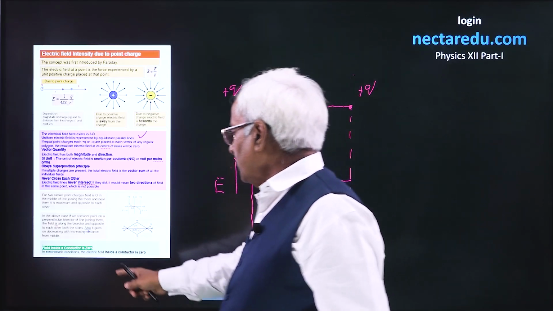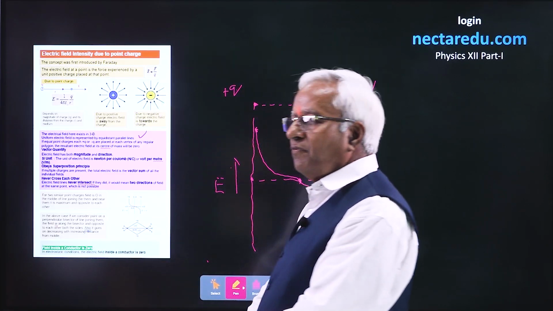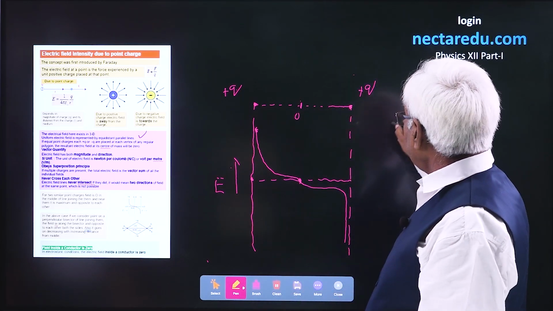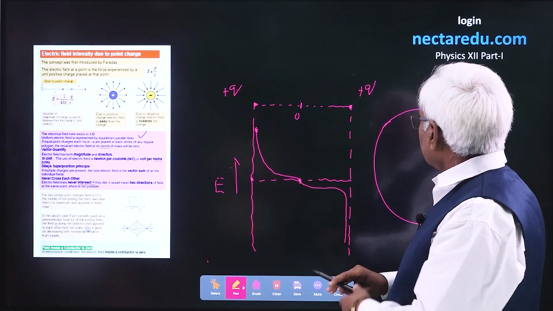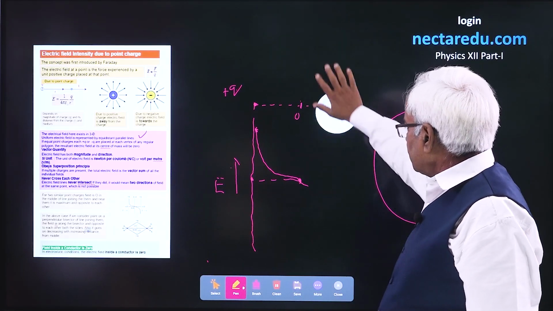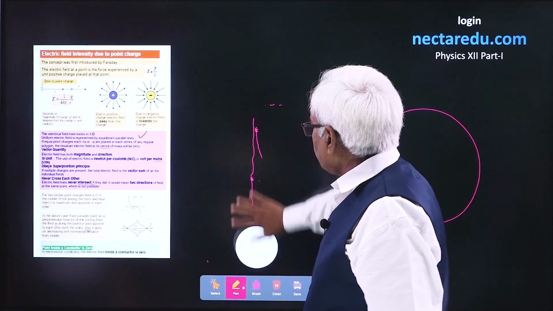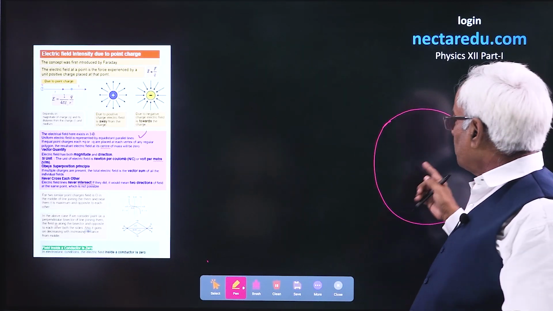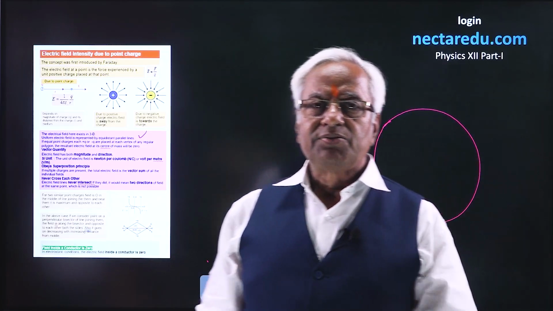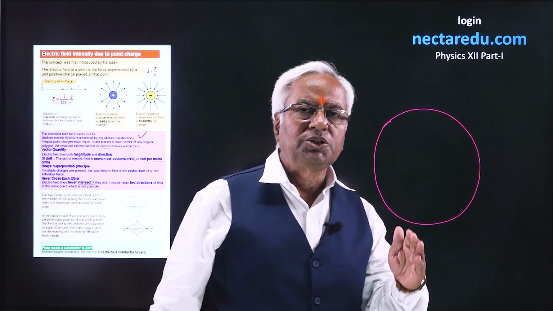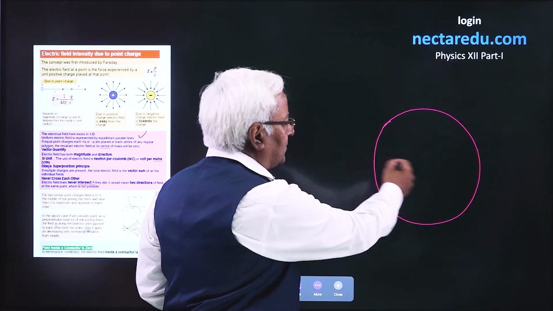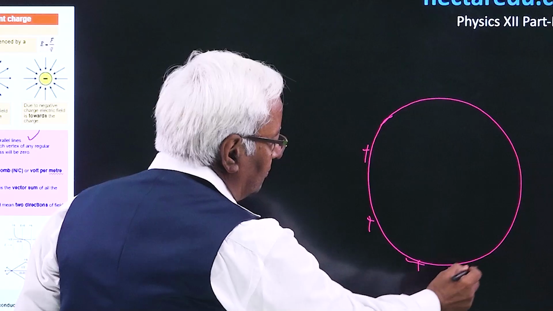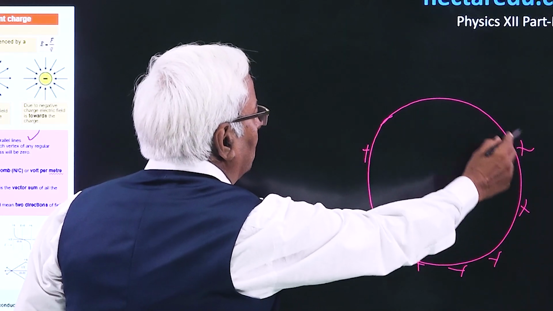And what remains here is, when you give the charge to any metallic conductor, the shape, the size, the geometry of that conductor is not material. The result that I am going to describe here is independent of the shape. The charge that you transfer will be confined to the surface only.